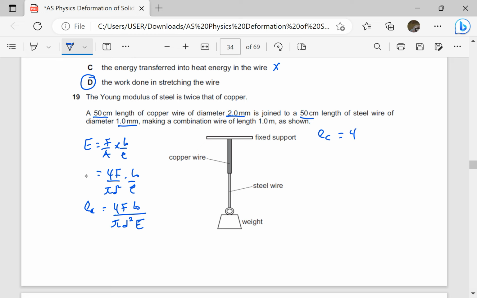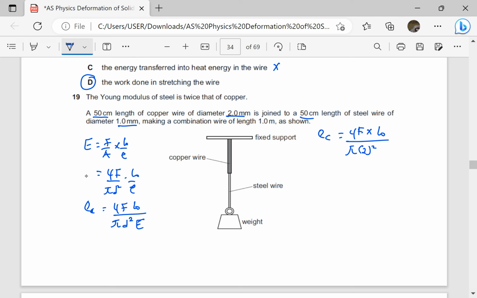The load is the same, so I'll say 4 times F. Original length for copper, the length is the same, so I'll just say L naught divided by pi. Diameter of copper is 2 millimeters, so I'll not change the units, I'll just say 2 but squared.